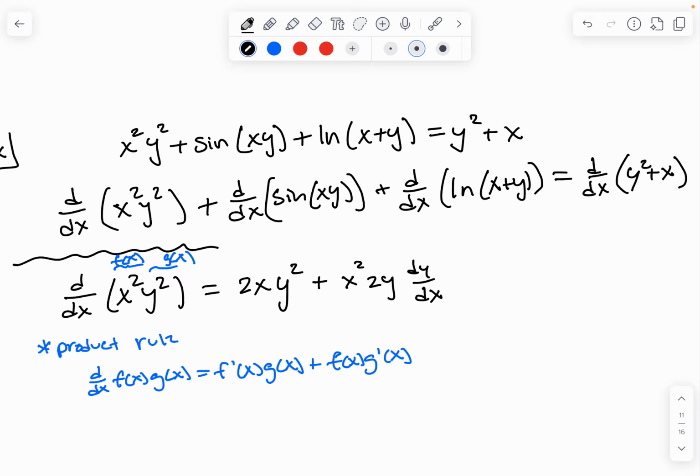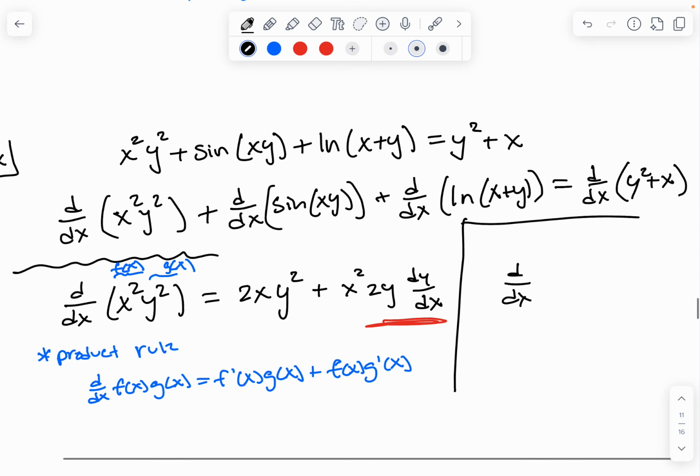dx. And remember, it is very important to add this dy/dx to every single y term that you take the derivative of, because as stated in an earlier video, every time you take a derivative of any variable, I'm just going to make a little sidebar.